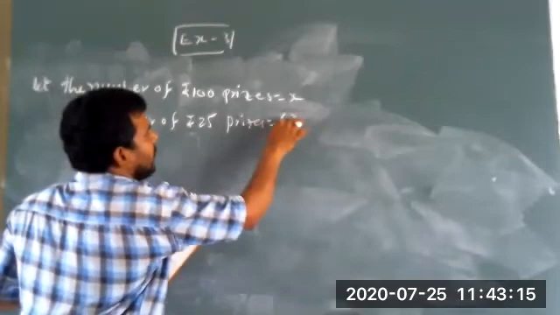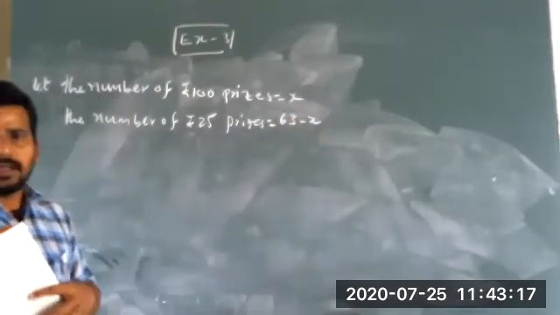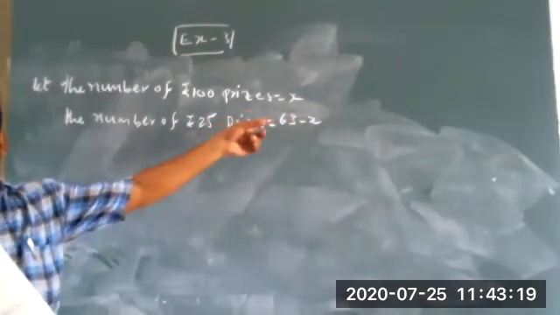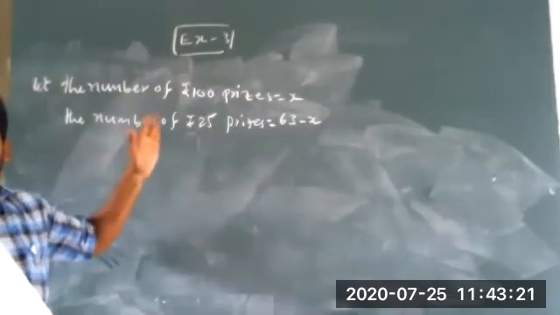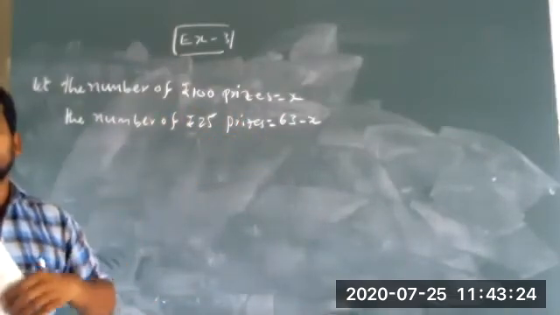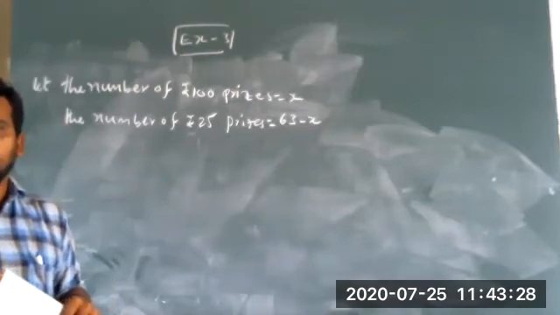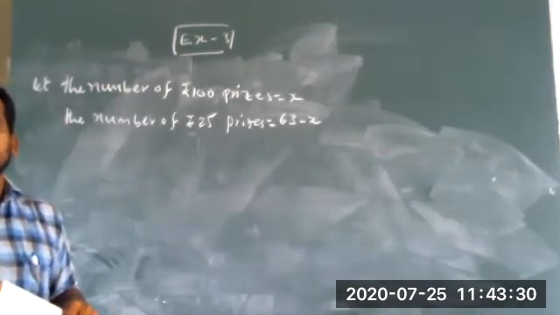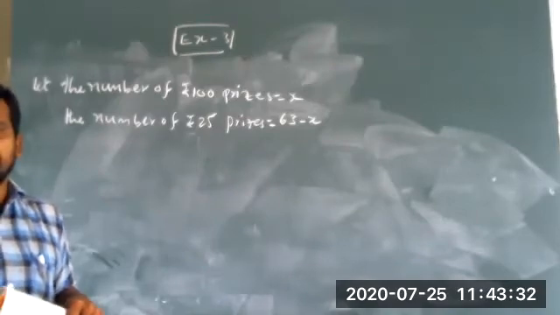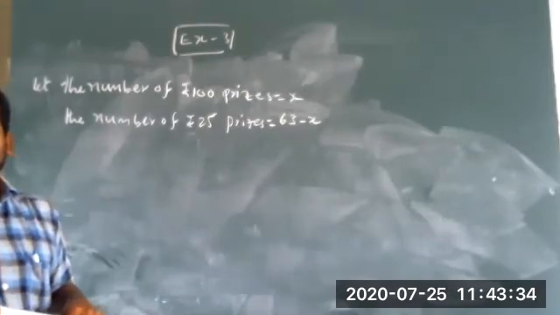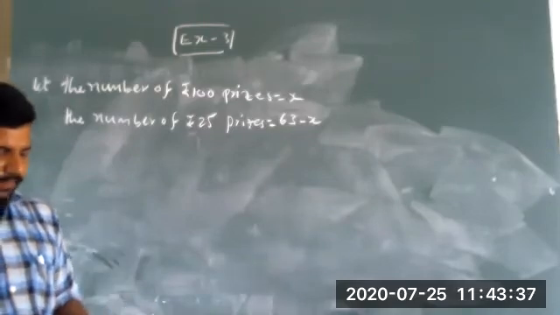So 63 minus x. The number of 100 rupees prizes equals x. The number of 25 rupees prizes equals 63 minus x. Why? Because the total prizes, the 100 rupees prizes and 25 rupees prizes, equal 63. That's why you take the number of 25 rupees prizes as 63 minus x.